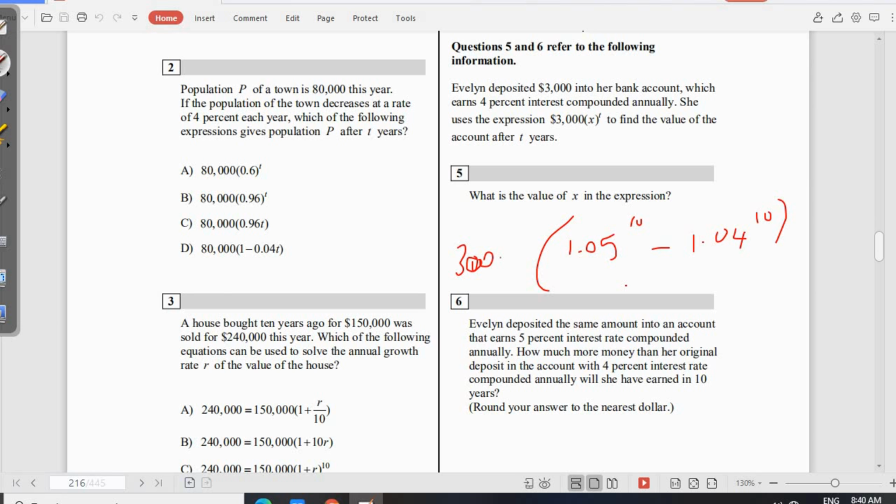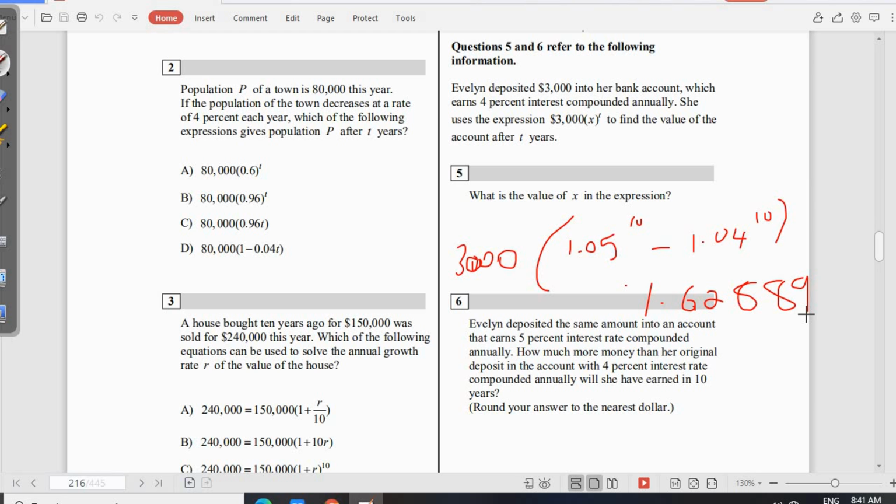So let's go. 1.05 raised to power 10 will give you 1.6288. You can use your calculator and do it even faster. Then you have 1.04 raised to power 10, which will give you 1.48024.